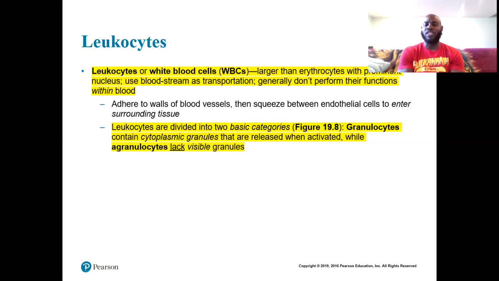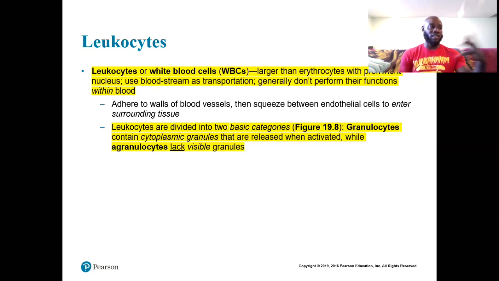What does that mean, Professor? These are primarily for an immune response. So let's say I get unfortunately infected with a virus. That virus is not necessarily infecting cells in my blood. It's not necessarily infecting my red blood cells, but my blood travels all throughout my body.